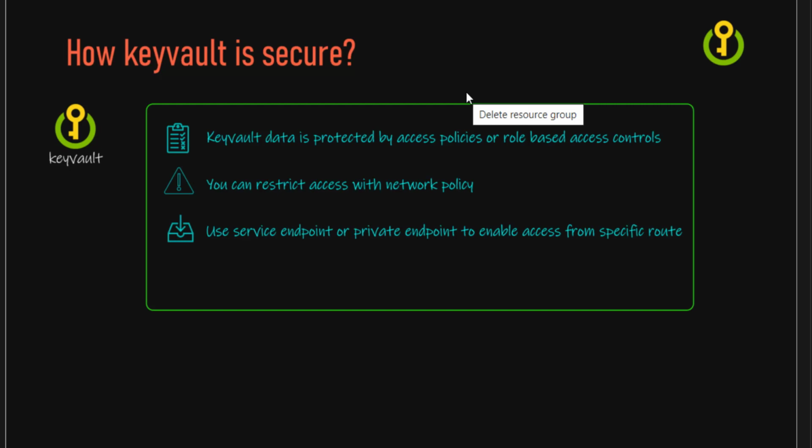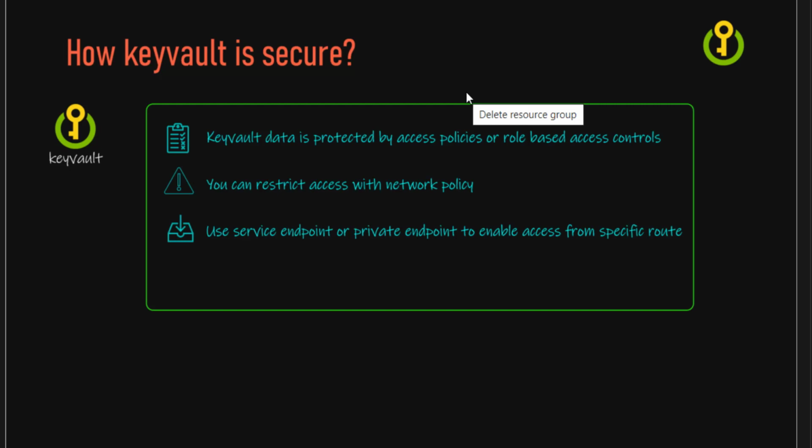Though I mentioned that the Keyvault is a platform as a service, hosted and managed by Microsoft and publicly available, if you would like to restrict access to this Keyvault from a specific location, a specific network or a specific area, then you can do that by applying network policies onto the Keyvault service itself. I'll show you in a moment how you do that.